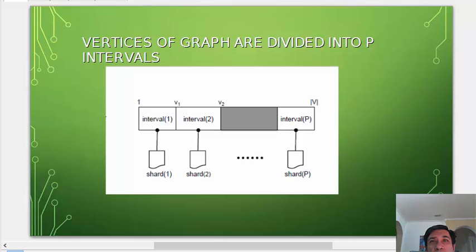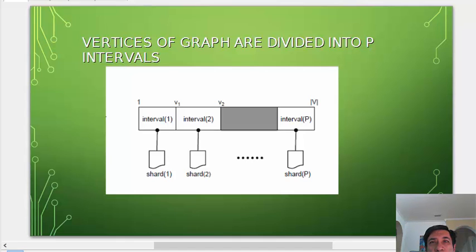Importantly, edges for interval P plus 1 are stored immediately after the edges for interval P. Intuitively, when PSW moves from an interval to the next, it slides a window over each of the shards. We call the other shards the sliding shards. Note that if the degree distribution of a graph is not uniform, the window length is variable. In total, PSW requires only P sequential disk reads to process each interval.